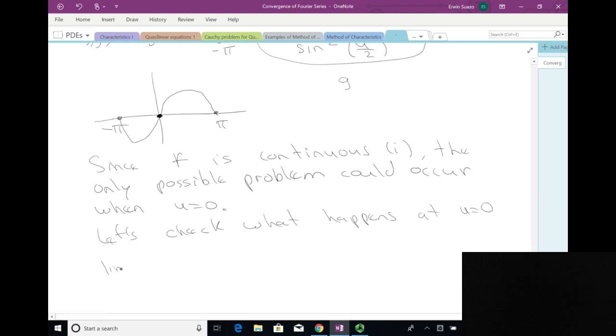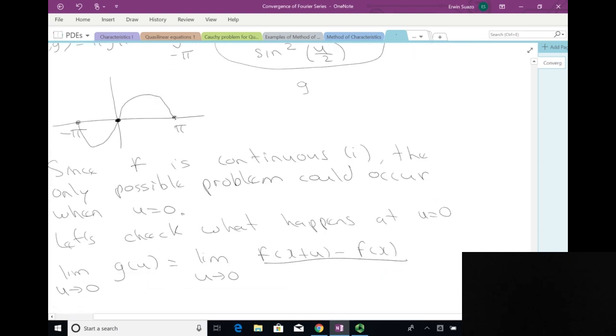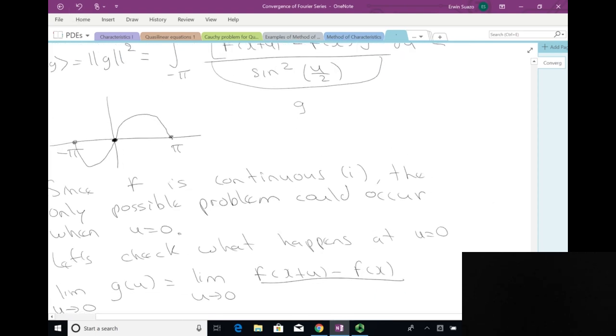So let's find the limit of g of u when u goes to 0. So I have the limit of u goes to 0 of f of x plus u minus f of x, over sine of u halves, right?